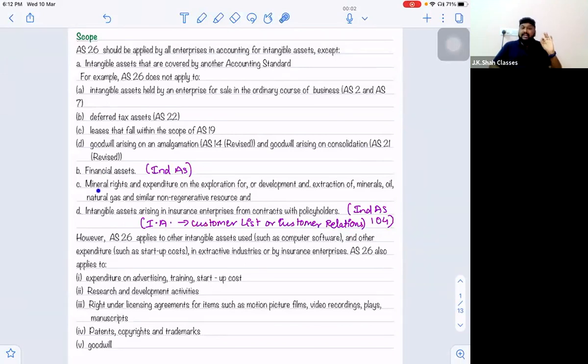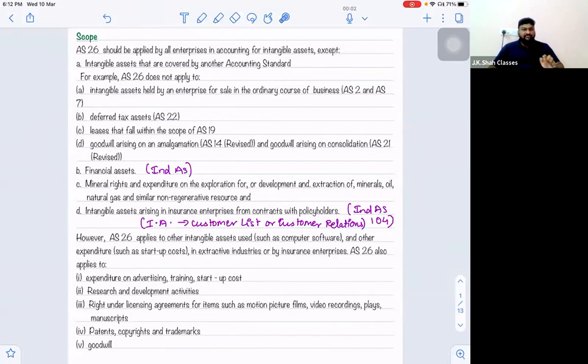Then mineral rights and expenditure on exploration for or development and extraction of minerals, oil, natural gas, and similar non-regenerative resources. So expenses incurred on these types of minerals or natural gas, or when you pay the mineral rights to the government.